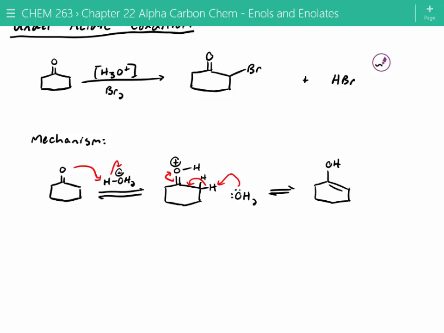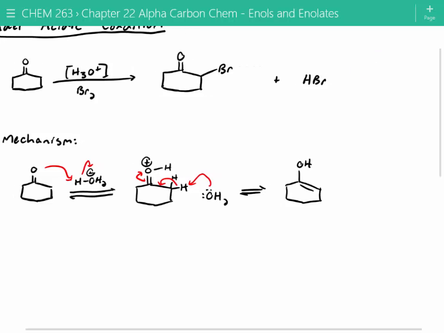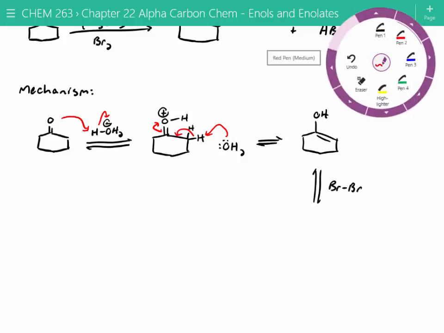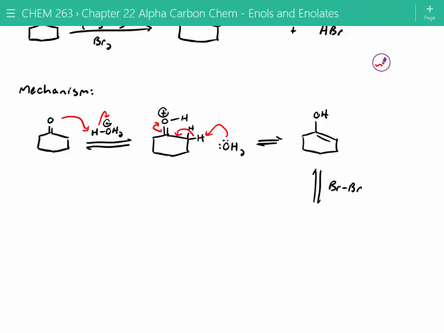And so these are all under equilibrium conditions. But if we've got bromine around, we said that that carbon can actually be somewhat nucleophilic. So I'm going to show this as a two-step or three-step arrow pushing. We'll take this lone pair, dump it down, this lone pair, dump over onto that carbon, and then that carbon will attack the bromine and kick it off there.